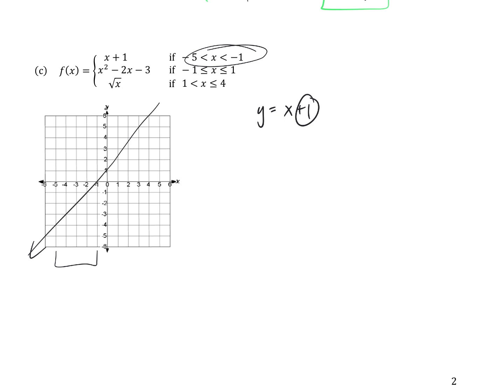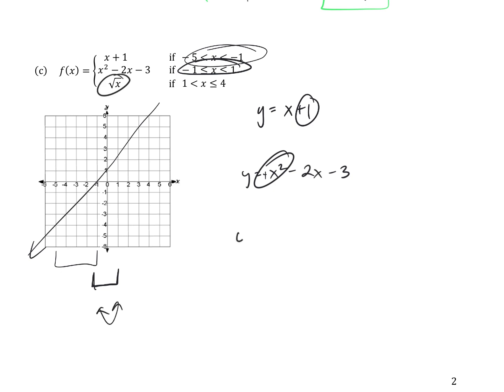And then my next one, we're looking at y equals x squared minus 2x minus 3. Because of that x squared, I know it's going to be some type of a parabola. It's going to be a positive facing parabola because, again, it's a positive x squared, and it's bounded between negative 1 and 1. So I know my parabola is going to be somewhere around here, upward facing.